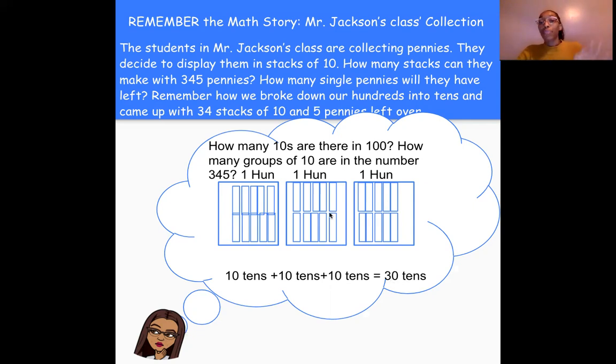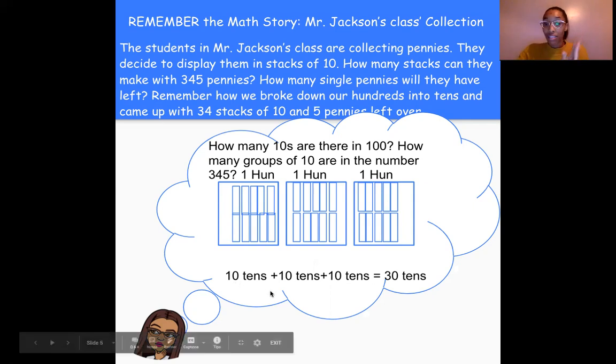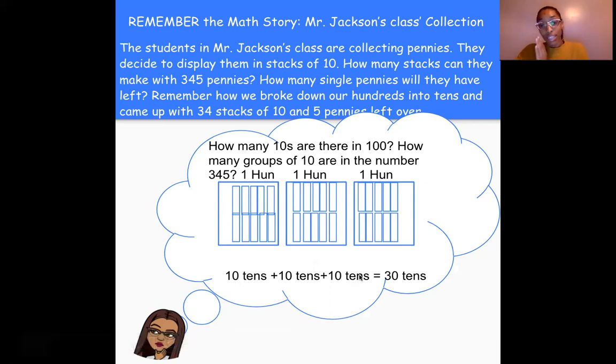So we know that 3 groups of 10 tens, 10 tens plus 10 tens plus 10 tens equals 30 tens. Then we had the 4 tens that we can make 34 tens. But we want to think of those groups of tens as 10 tens plus 10 tens plus 10 tens. We know in our mind that's the same as the hundreds, but if we're valuing them at tens, that's how we would count them.